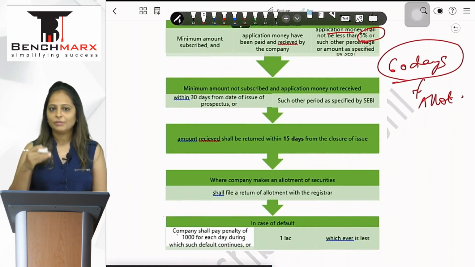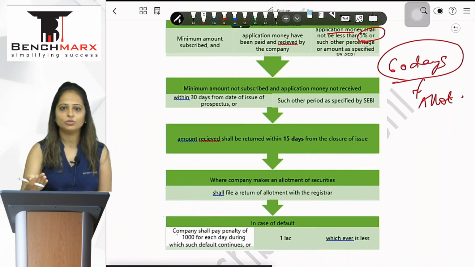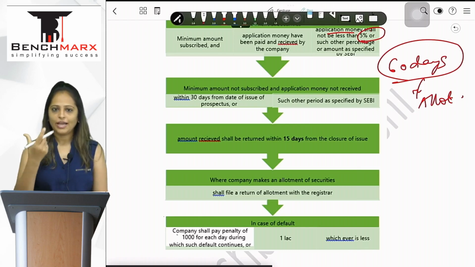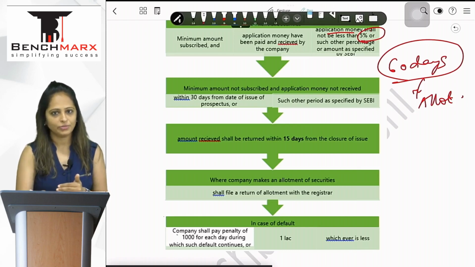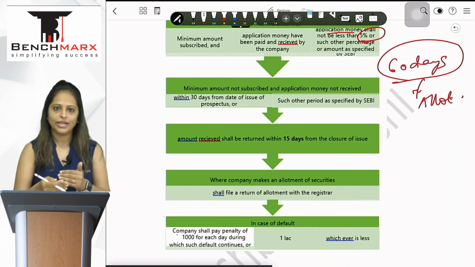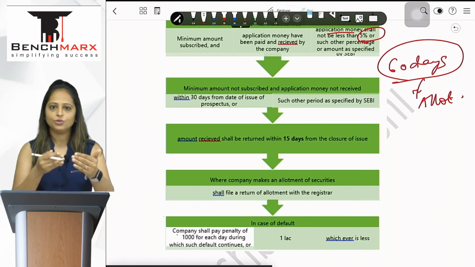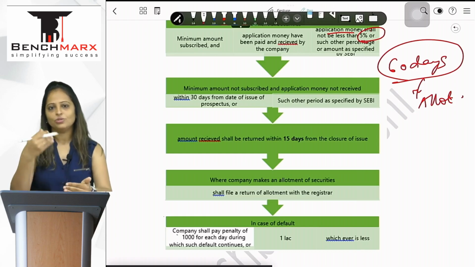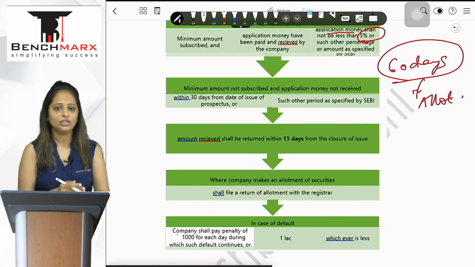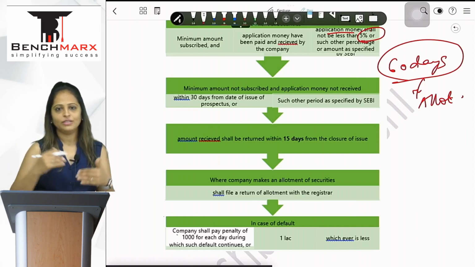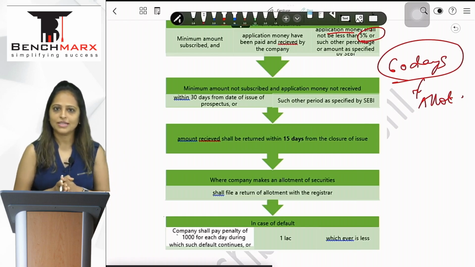But also, if that money is not refunded, then if you go to your deposit chapter, it will be considered to be a deposit. Remember, if you have taken share application money, you have to allot securities within 60 days. If you don't do that, you get a 15 day period to refund the money, and if you don't refund it within 15 days, you have to pay interest at 12% per annum. But also that amount will be considered a deposit, and you will have to comply with all the regulations of deposit required under the Deposits Act.